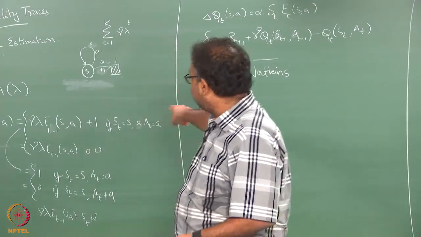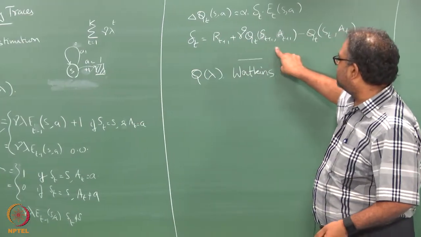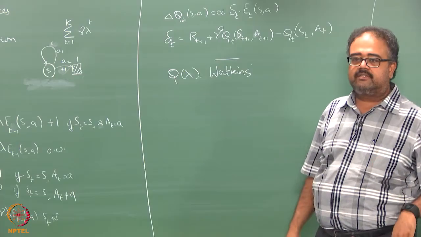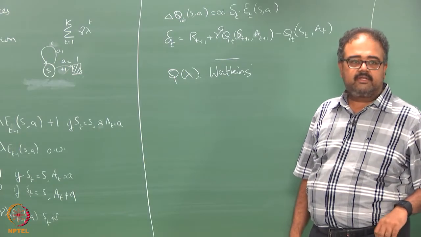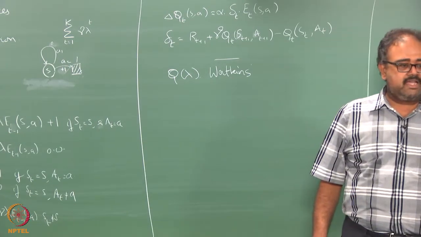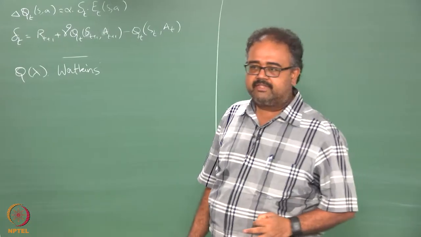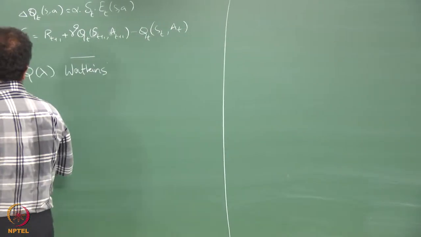Like in Sarsa I never had that issue. I could just take whatever action I did, I could just use it, that is not an issue. But in Q learning it has to be the optimal next action. So, we basically have this.